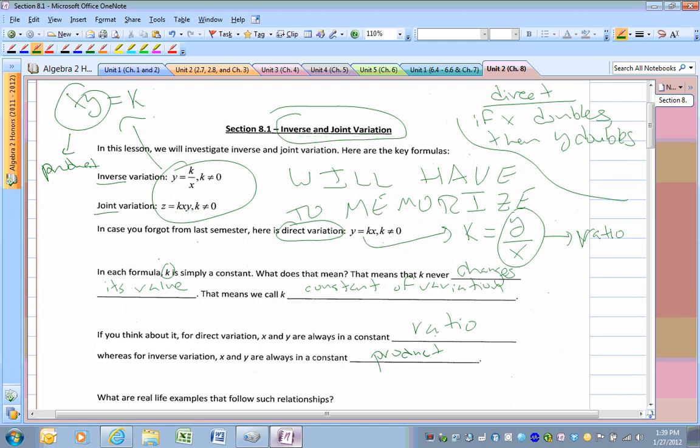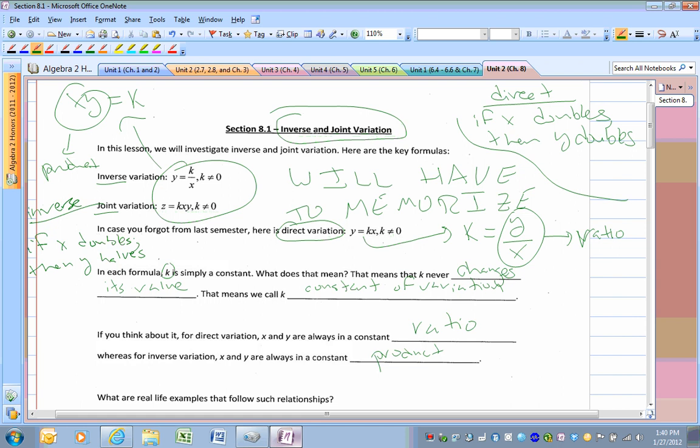So what that means is that for inverse, if x doubles, then what will happen to y? So y will be halved.